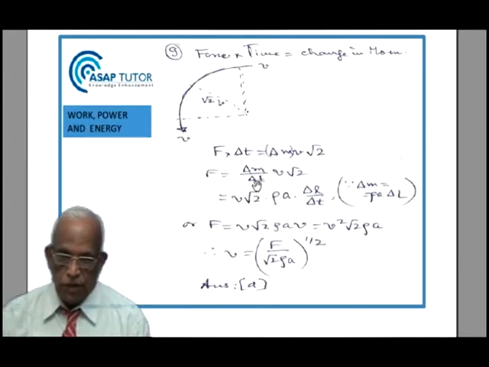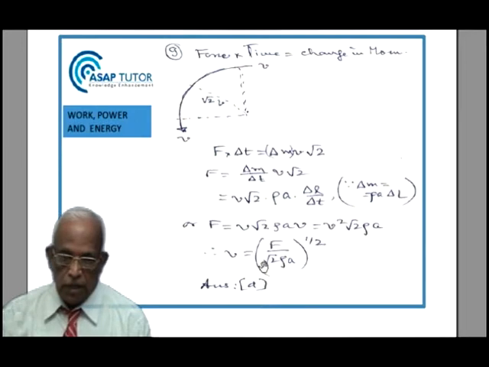Now I am substituting for delta m, because delta m is nothing but rho A delta L. A is the area of cross section, delta L is the length. So rho A comes out and delta L by delta t is what I get. F will be equal to v root 2 rho A into v, where v is delta L by delta t. That gives me v square root 2 rho A, where v is the velocity at the bend.